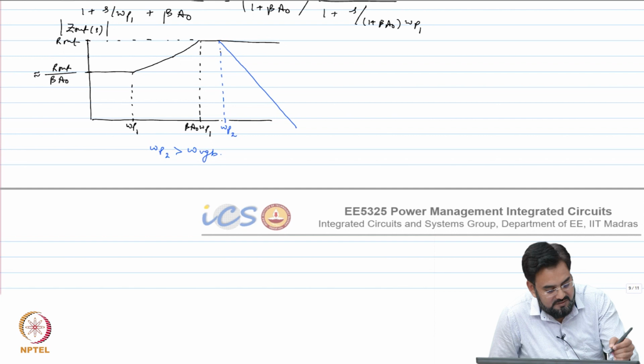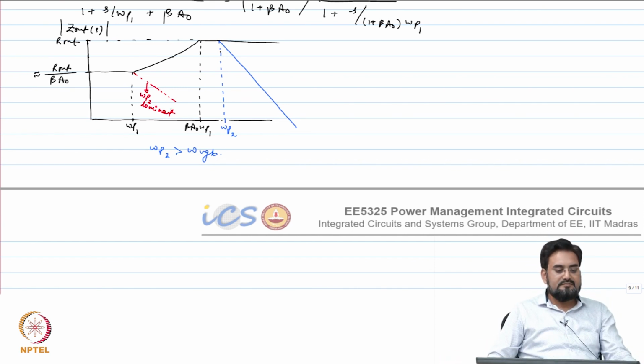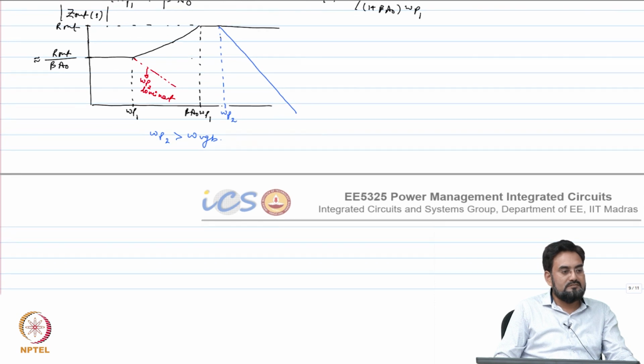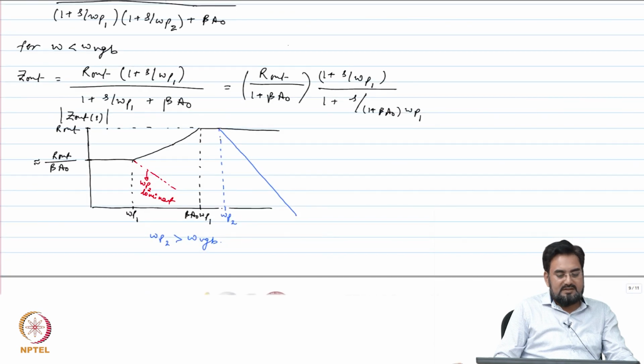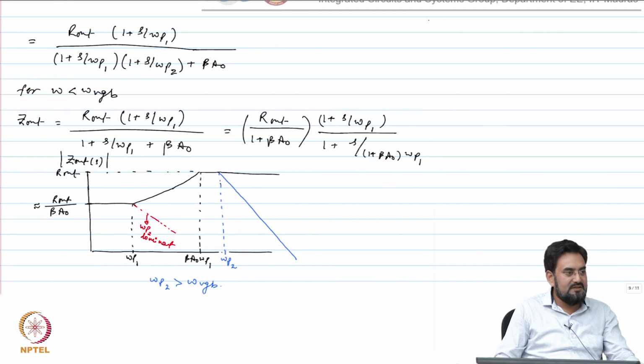So, if you have omega p2 dominant, then since the first pole is already outside UGB, the 0 will be outside UGB.